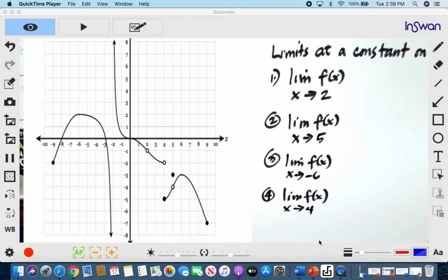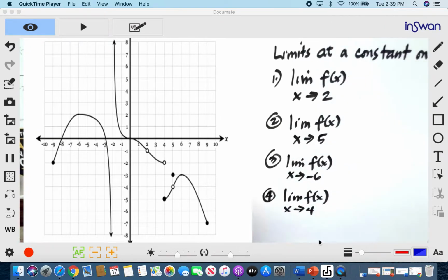function as it approaches a certain constant on a graph. Okay, so remember that f of x here is an equation of this piecewise, which we don't know. Of course, we can verify that if we would rigorously find the equation of this piecewise, but we're not after that. We're trying to find the limits of a function.